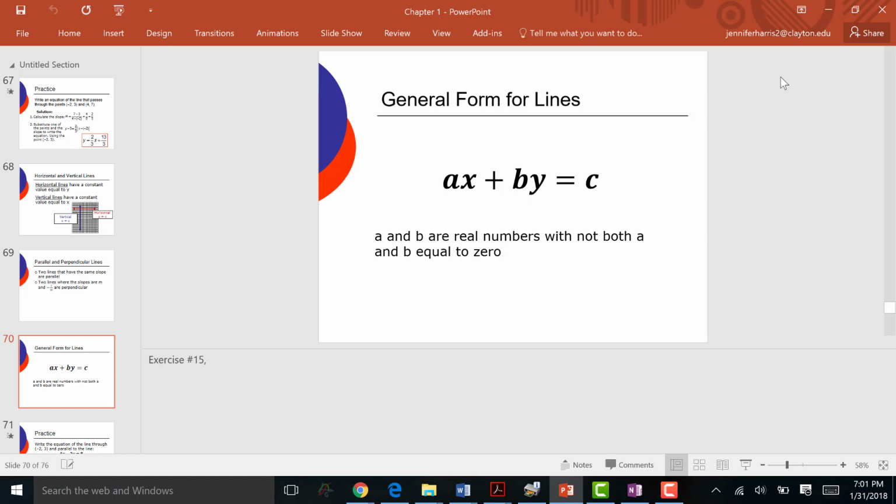You have to rewrite the equation and get the y by itself. That is what you always have to do in this particular case. You have to get the y by itself before you can work anything with that problem.